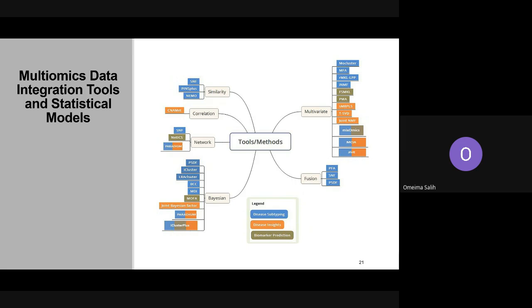So you have to select the tool you are using to integrate your data sets, depending on your data and your target. Are you targeting to study the subtyping of diseases? Is it just biomarker prediction? Then you will use a different statistical package, and so on. So these are the different tools for integration.